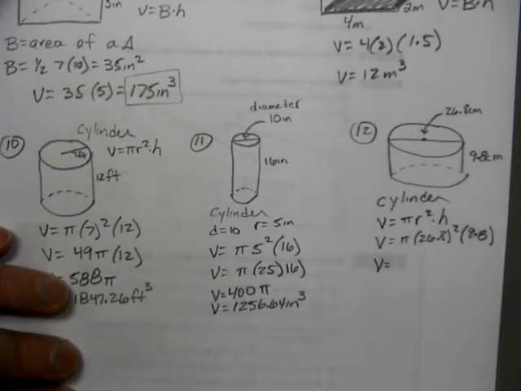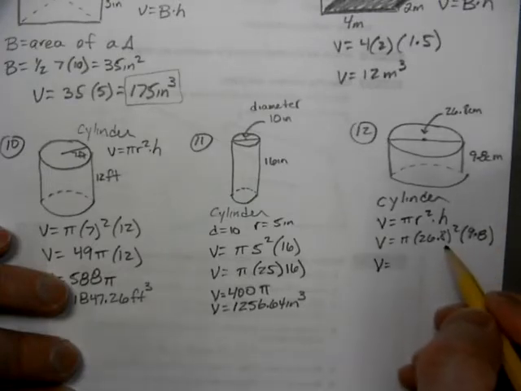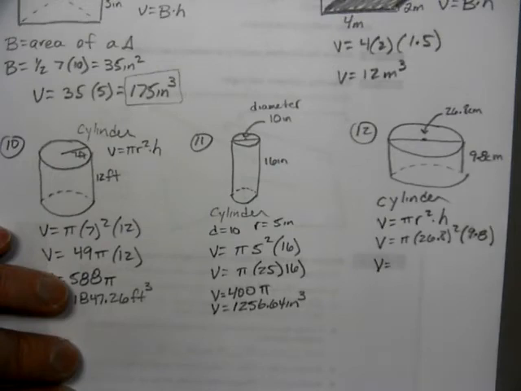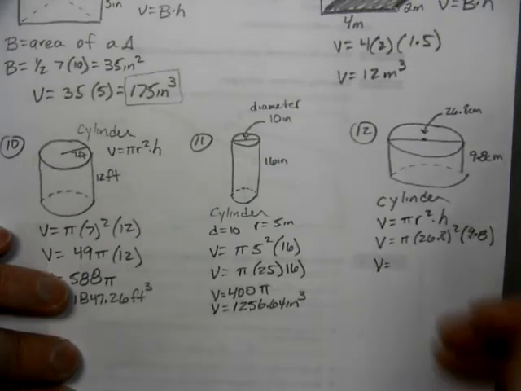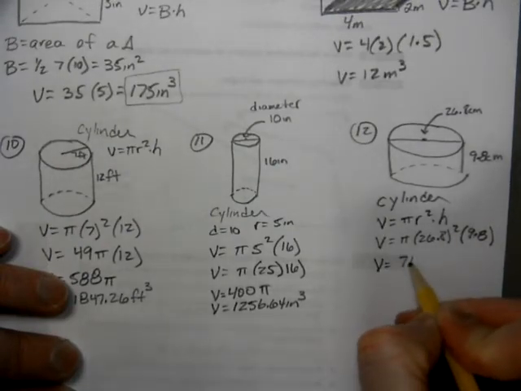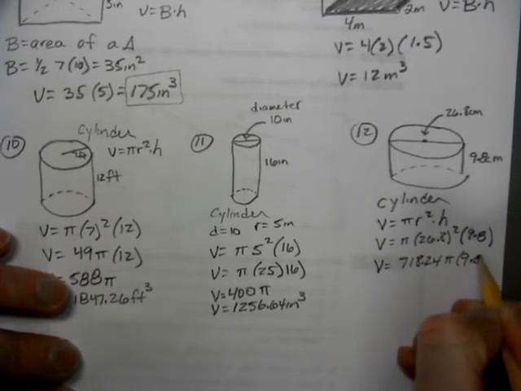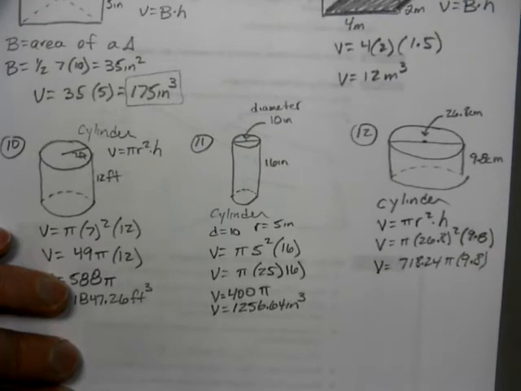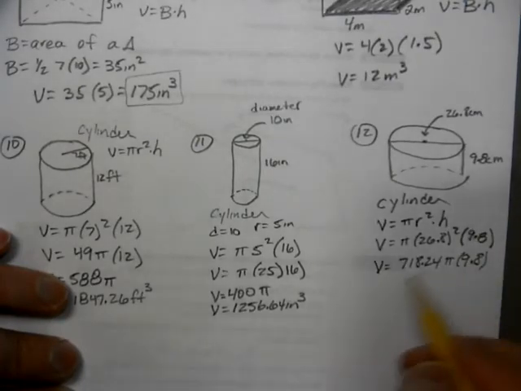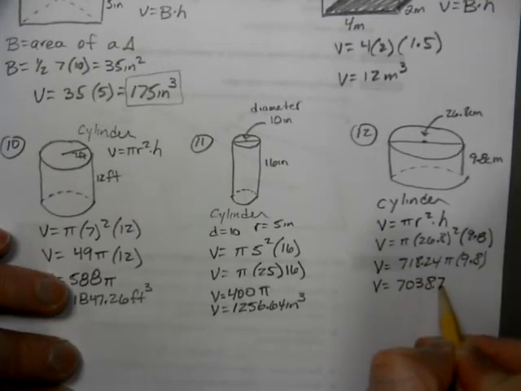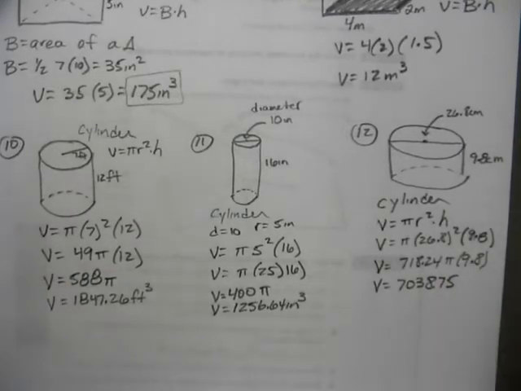So 26.8 squared comes out to be 718.24 pi times the 9.8. That gives us a big answer of 7,038.75 pi.